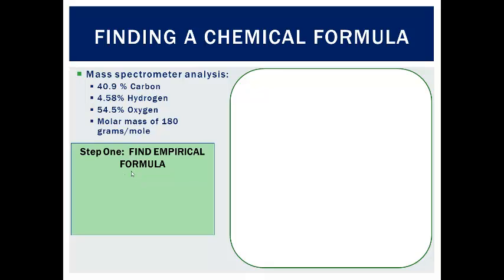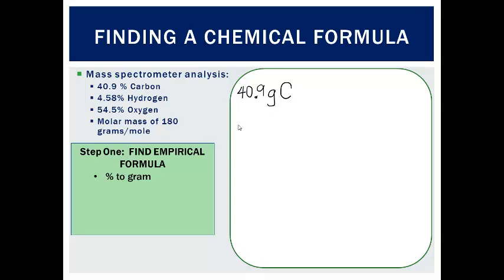The reduced formula is found by taking the percent and changing it to grams. Over here in the box, I'm going to do that for each one of these. So I'm going to write down my 40.9% carbon, but I want to change the percent to grams. So watch how I do it. Instead of writing percent, I'm just going to write grams.